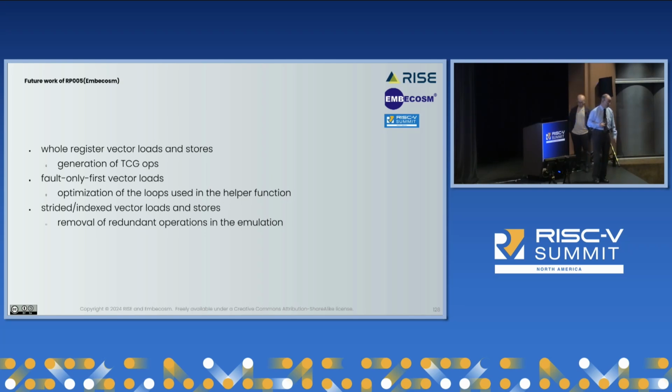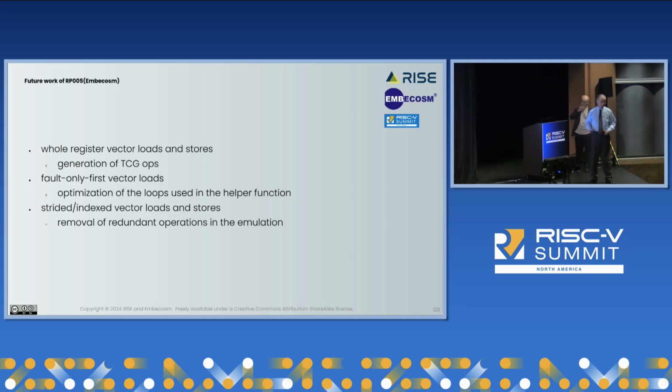There are some other optimizations we haven't done. Fault-only-first vector load: if you're doing a whole vector load, you don't keep on checking for the fault. You do it once at the beginning, and if it's going to fault, you throw the exception. And we're looking at what we can do to boost strided and indexed vector loads. They're not actually terribly common in, say, the SPEC CPU 2017 code base, so we wouldn't necessarily see a huge performance gain.